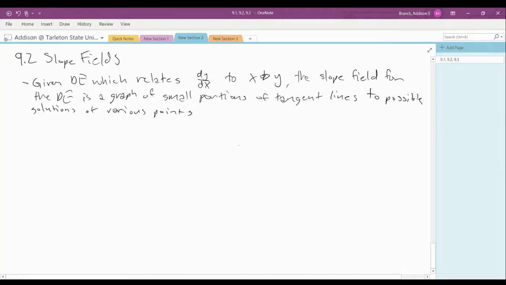So essentially what this is saying is that if we have some sort of equation that says dy over dx is equal to some sort of x and some sort of y, it doesn't really matter how they're organized, we can pick different x and y points, plug that in, get our slope, get our dy dx, and say that is the slope of the tangent line at that point and graph it.